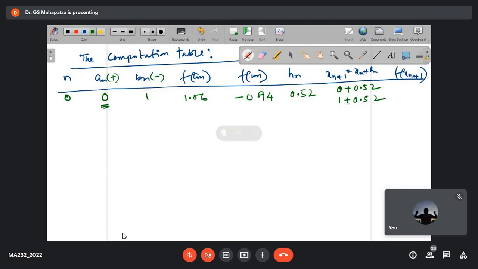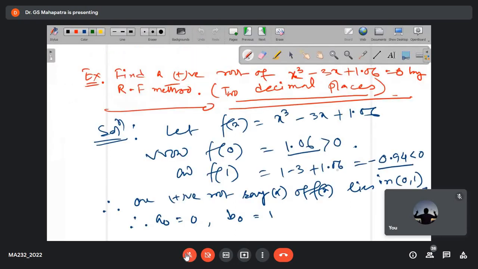Do you understand this one? 0 plus 0.52 is the one within the interval 0, 1 we have considered. I will go back in just 1 minute. What we have written is that the positive root alpha of f of x lies in 0, 1.